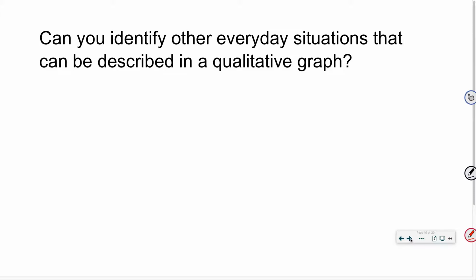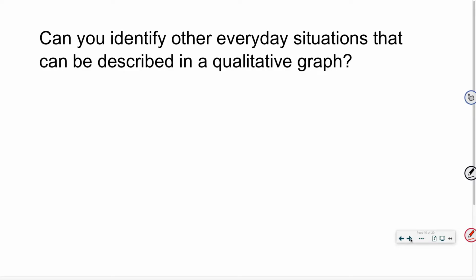What else could be described in a qualitative graph? What kind of relationships could be described in a qualitative graph? What do you mean, shifts? Someone is working a longer day. Hold on, quiet down so that your classmates can share their ideas. Go ahead, Patrick.